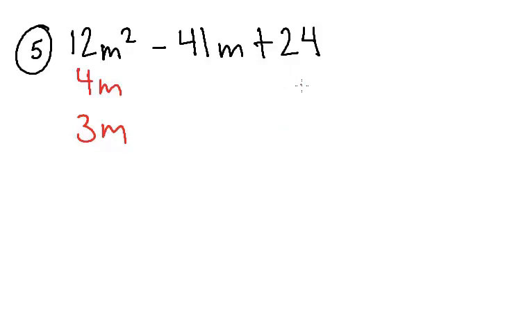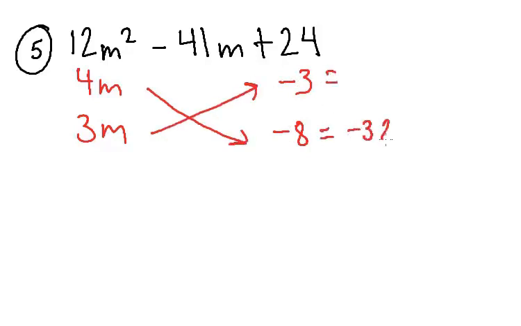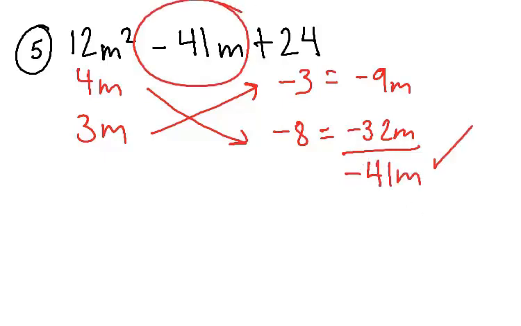In this case, the numbers that you're going to have to use are minus 3 and minus 8. If I cross multiply with those numbers, I will get the following answers: negative 32m and negative 9m. If I perform the operation that appears in here, I will get minus 41m. So that means I got the middle term I was looking for.